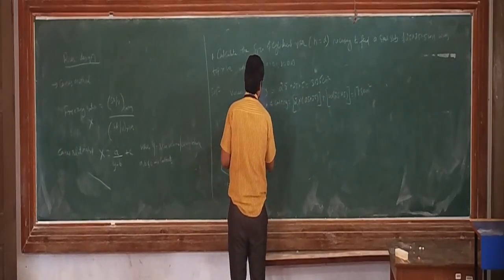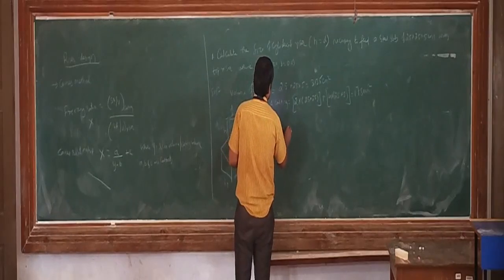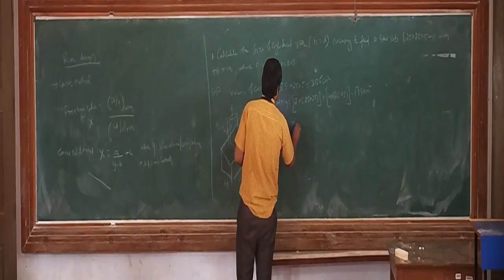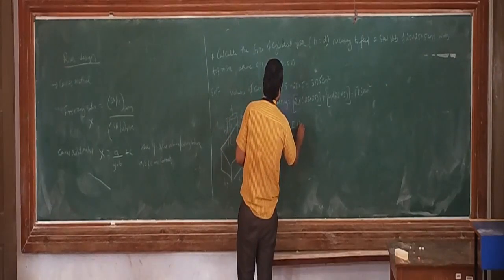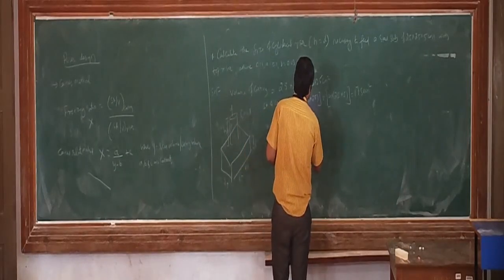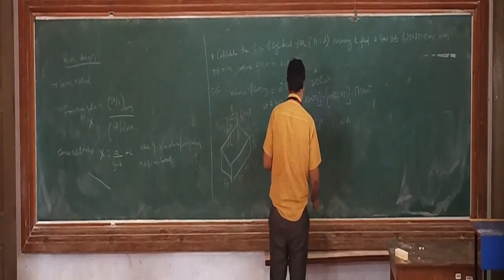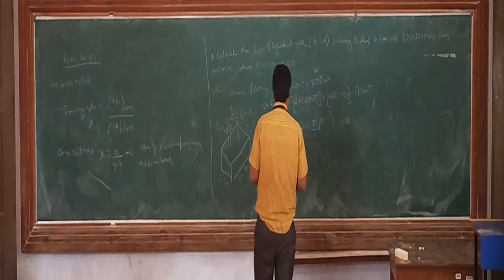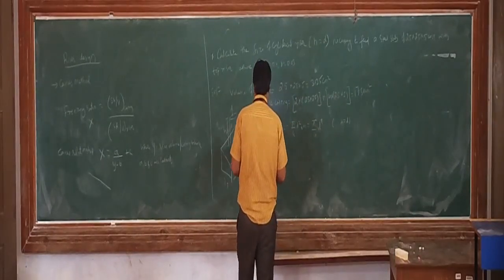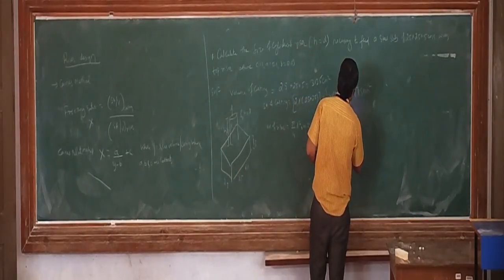Volume of riser is pi by 4 d square into h, but h is equal to d, so it is pi by 4 d cube, because h is equal to d. That is given.